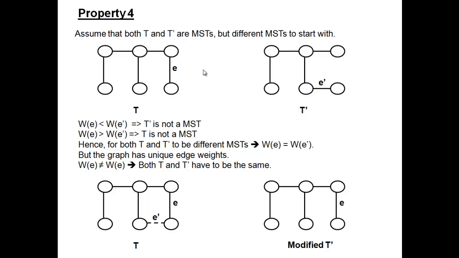But again, that's a contradiction because our assumption is what? The graph has unique edge weights. So if a graph has unique edge weights, then there can be only one minimal spanning tree for that graph.